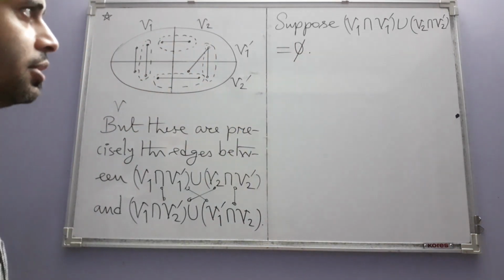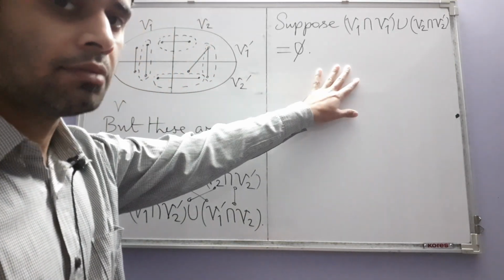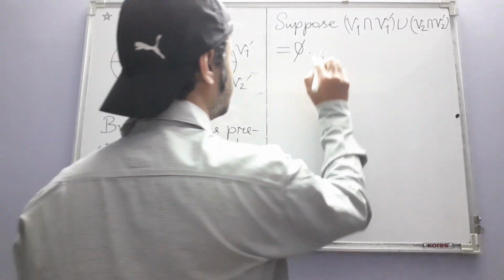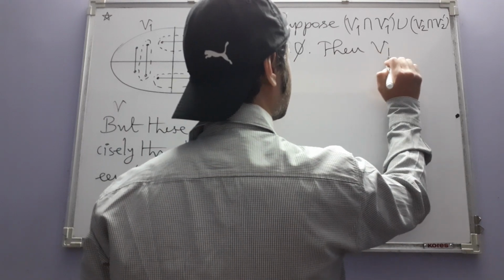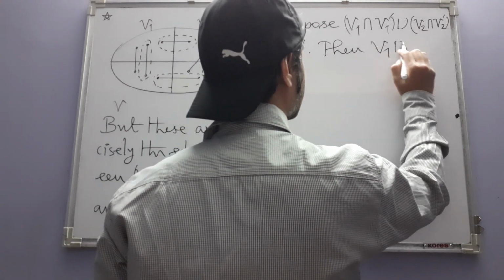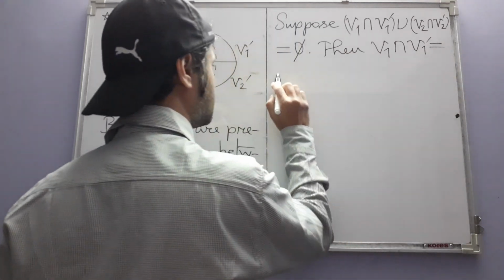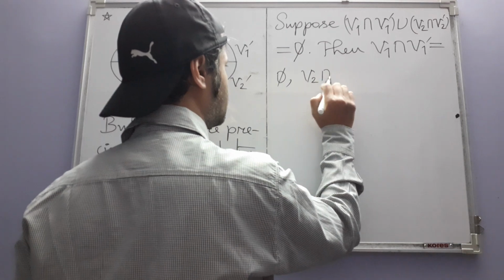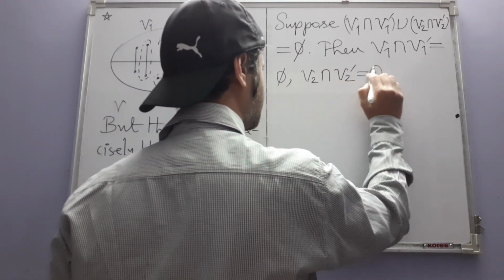Suppose this is empty. Now a union of two sets is empty, that means both of them have to be empty. Then V1 intersection V1 prime is empty, and V2 intersection V2 prime is also empty.